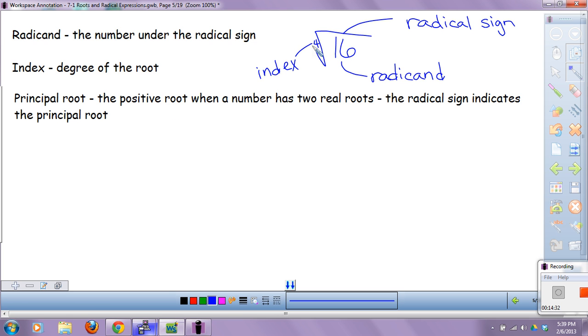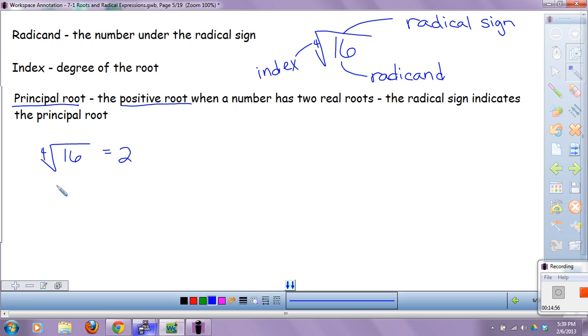And when you write a problem like this, what you're asking for is what's called the principal root. And the principal root is the positive root. So when you write something like the fourth root of 16, you're only asking for the positive answer, 2. 2 times 2 is 4, times 2 is 8, times 2 is 16.